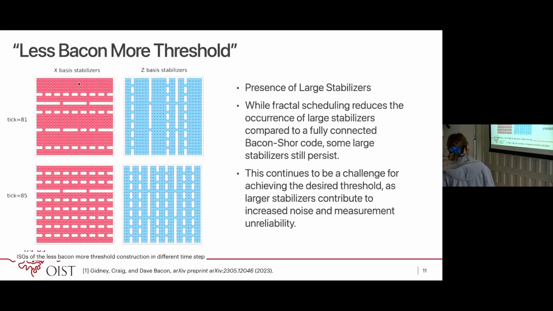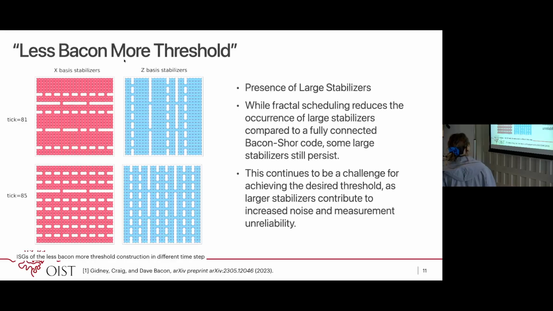When you have larger threshold factors, it means you give more chances. You measure the whole thing more times, and then it gives your code larger stabilizers. So that's why we think that when the threshold factor became larger, the code performance became worse.